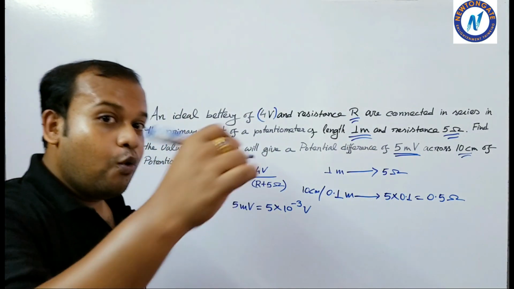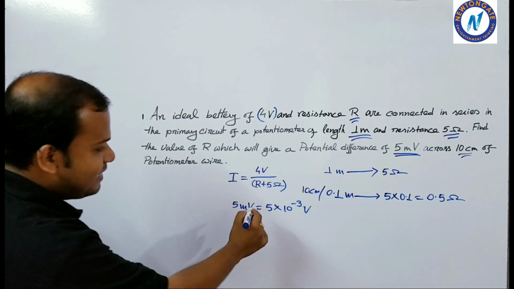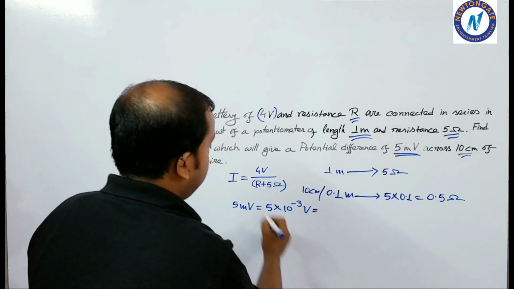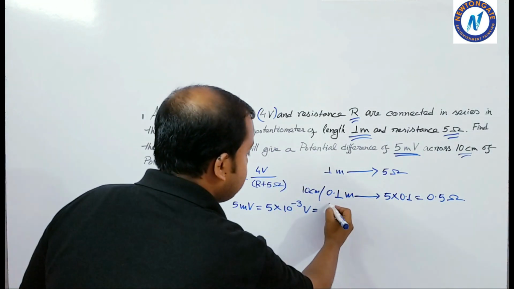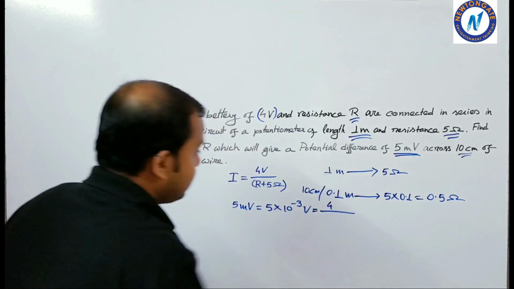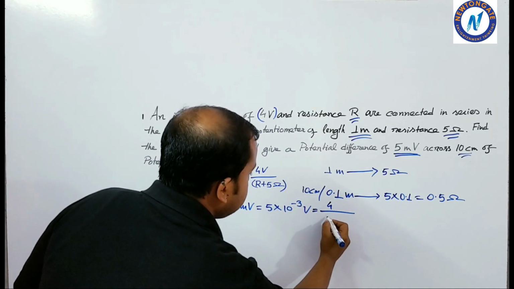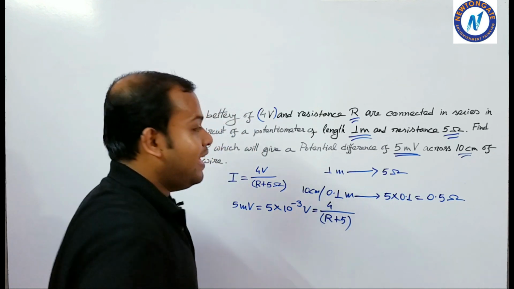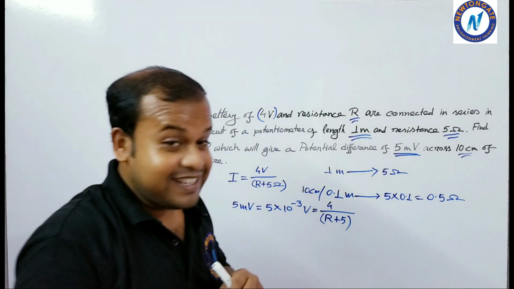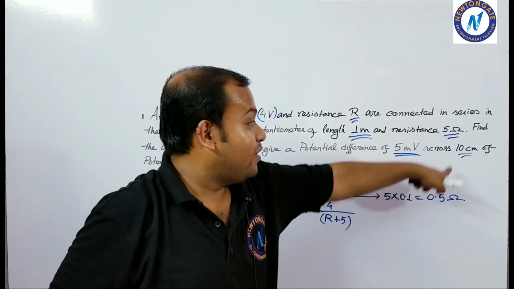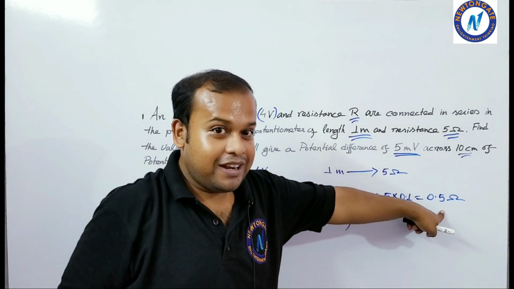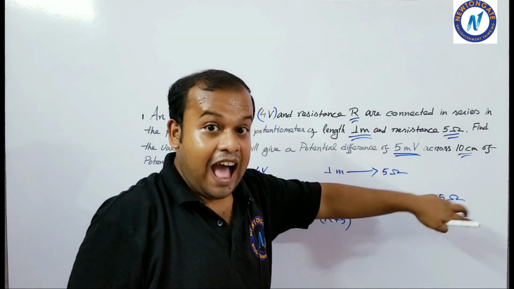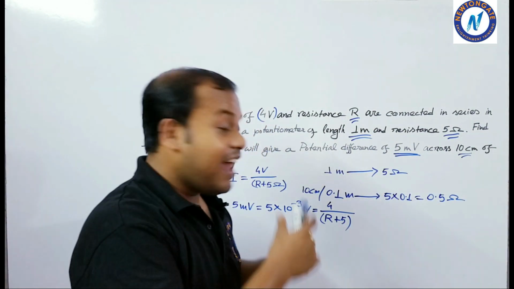So according to Ohm's law, the voltage will be equal to this much current, that is 4 by R plus 5, into the resistance, because this is our requisite condition, the resistance here in our calculation.